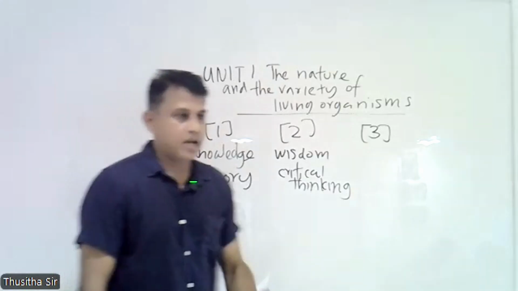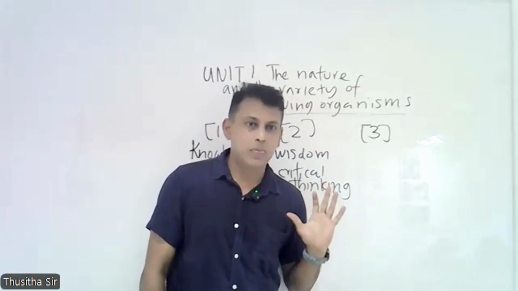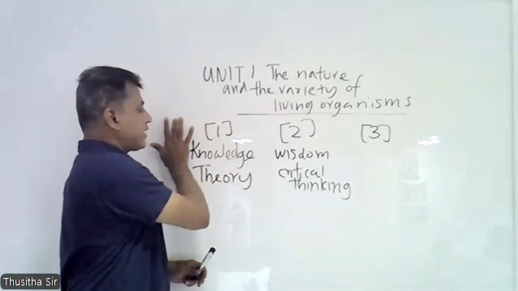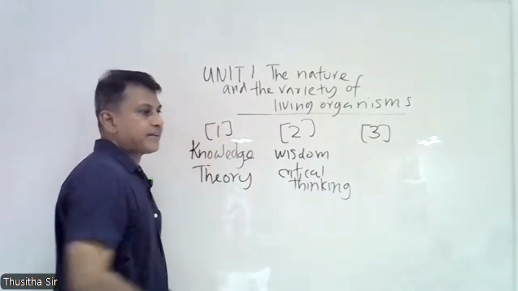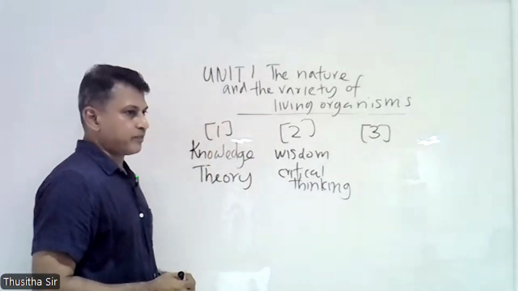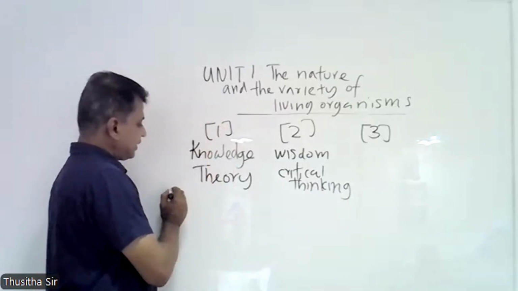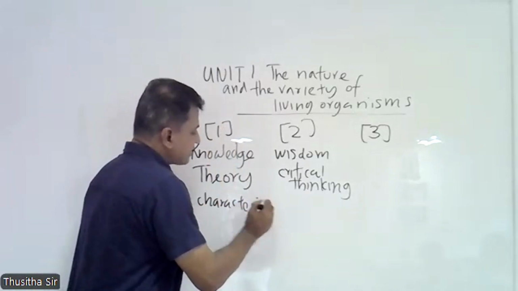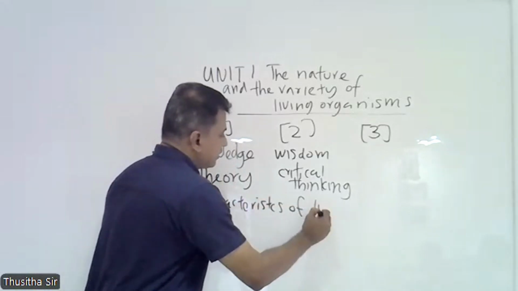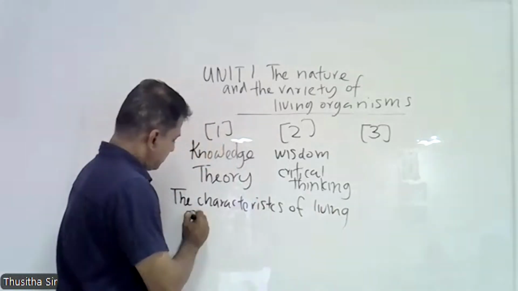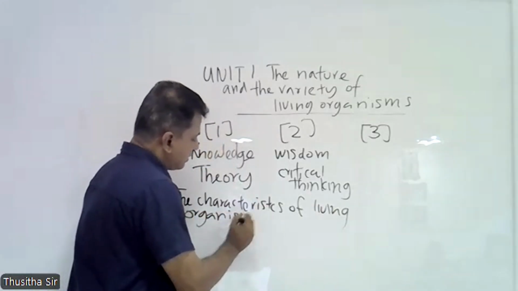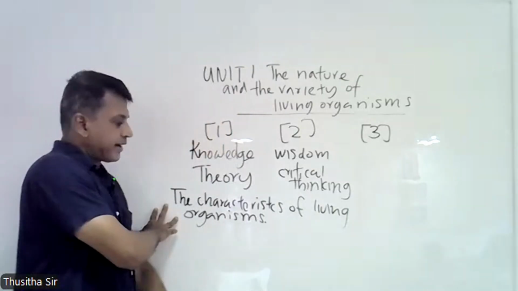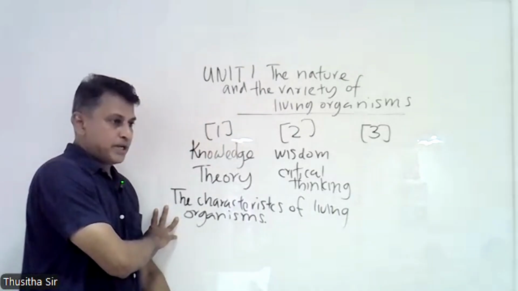So we are starting with a very easy lesson. The first one is under this. You can write a subheading here: the characteristics of living organisms. That's the subheading.